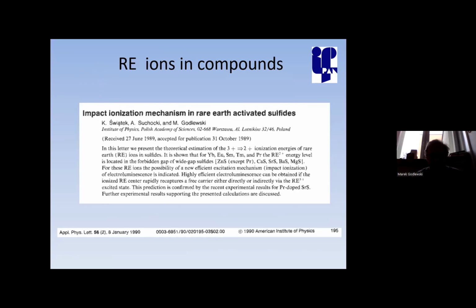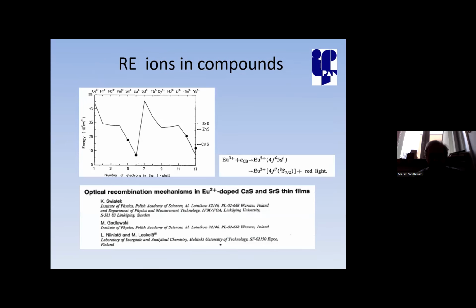So it was a pretty good prediction and actually led to practical results. We also said that another very interesting impurity can be not only europium, but for example, praseodymium in strontium sulfide. So it opens a long list of possible matrices and candidates for bright emission.